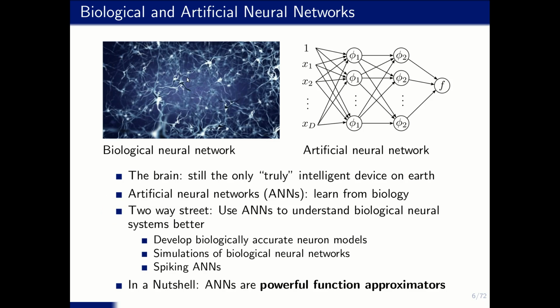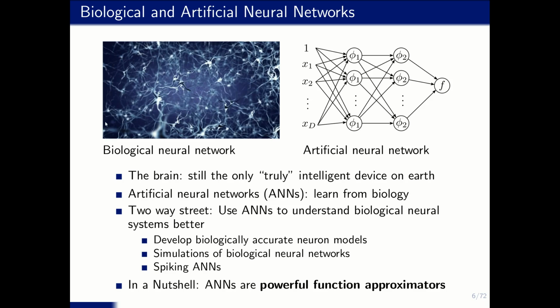On the one hand, we want to learn from biology and mimic this intelligent design. On the other hand, we are using artificial neural networks to understand biology better. So there is research on developing biologically accurate neural models, and artificial neural networks are used in simulation for biological neural networks, in particular spiking ANNs.